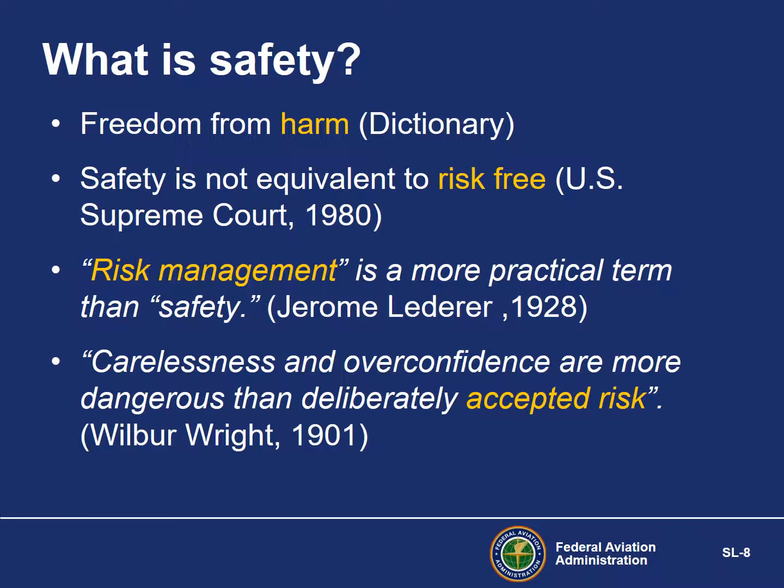In fact, if we think about the two components of risk, severity, how much harm, and likelihood, how likely are we to be harmed, we might say that the lower we can manage risk, the closer we come to a practical definition of safety. Thus, we can define safety in terms of the effectiveness of risk management, and we'll understand that risk management is one of the core processes of a safety management system.